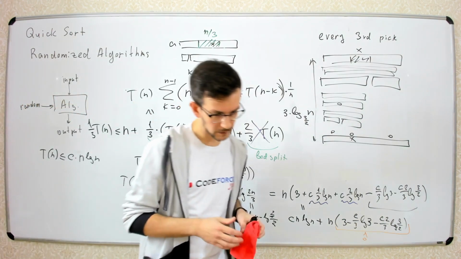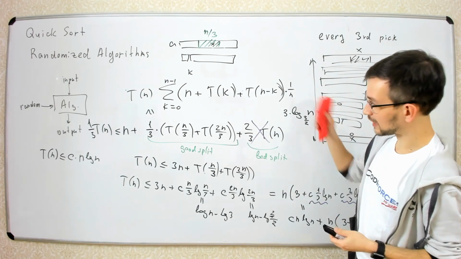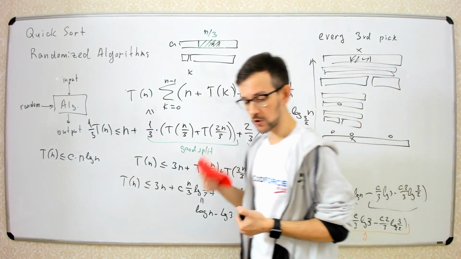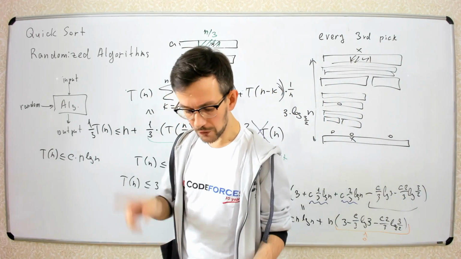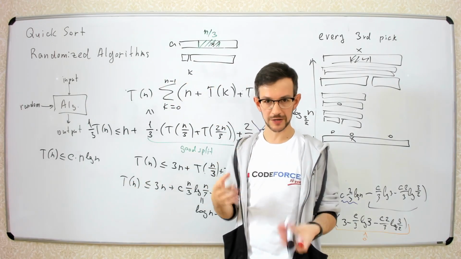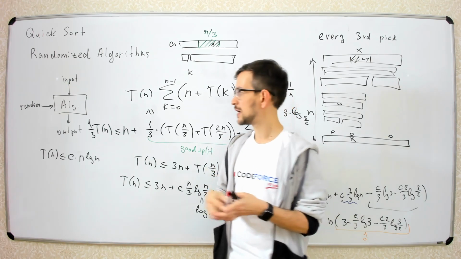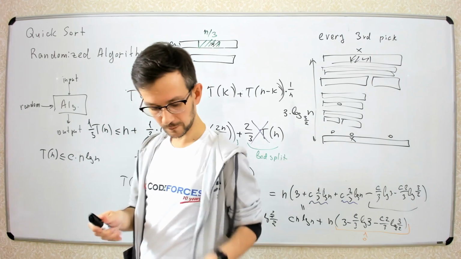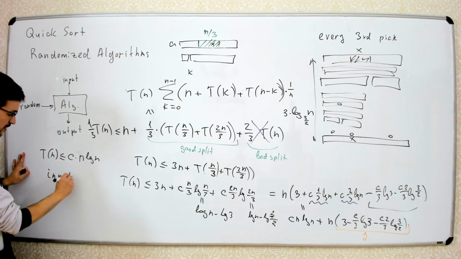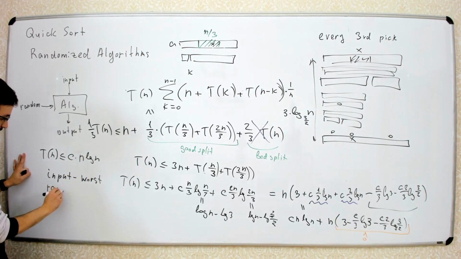I think it's fine. So this is how you measure the time complexity of a randomized algorithm, and of the Quicksort algorithm. One thing I want to note is that we measure the time complexity in the worst case, but this worst case is over all the inputs. So we take the worst possible input, but random is random.